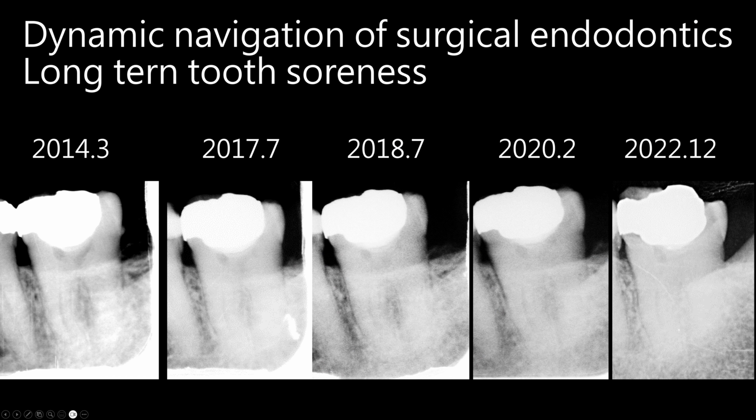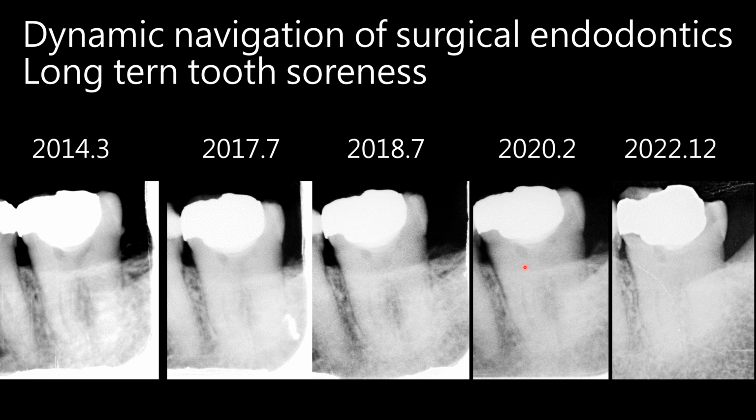And here is another case about the dynamic navigation, where this patient has been followed at our perio department for a very long time. As we can see, at first this tooth had a big amalgam restoration, and as time goes on, you can see around the amalgam restoration the peripheral tooth structure is a little bit decayed.